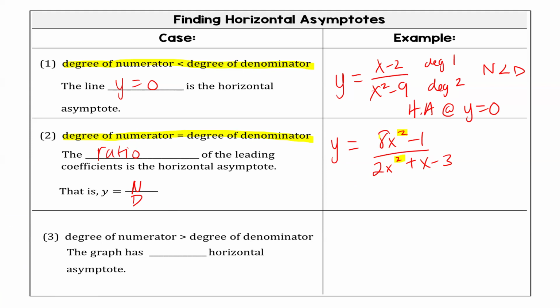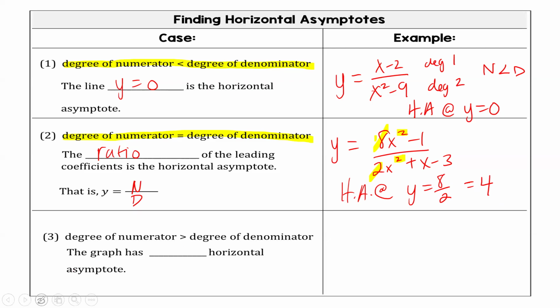The leading coefficient of the numerator is 8, and the leading coefficient of the denominator is 2. You write that as a ratio, a fraction. So my horizontal asymptote is at y equals 8 over 2, which is 4. That's because my degrees are the same, and all I'm doing is using the leading coefficients.